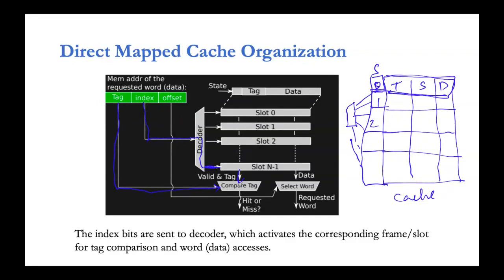In our case, let us assume that both are matching, so there is a hit. When there is a hit, the data component of that frame is taken. This data component is very big, but your CPU requires only a piece of data from the entire cache block.